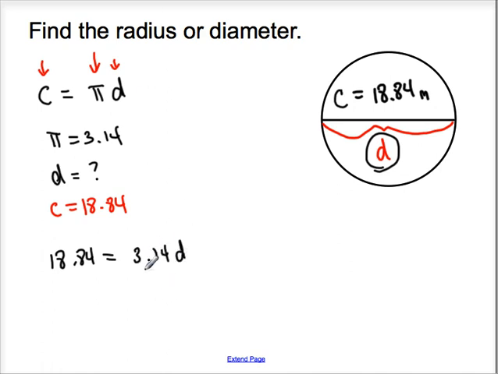Now you can see this is just a simple one-step equation. To solve for d, I'm going to divide both sides by 3.14. So 3.14 divided by 3.14, I'm just left with d. D equals, and if I do the division, 18.84 divided by 3.14, we should see we have a diameter equal to 6 meters.